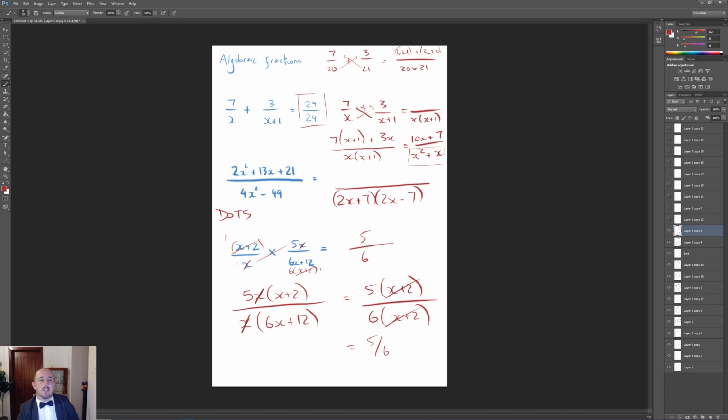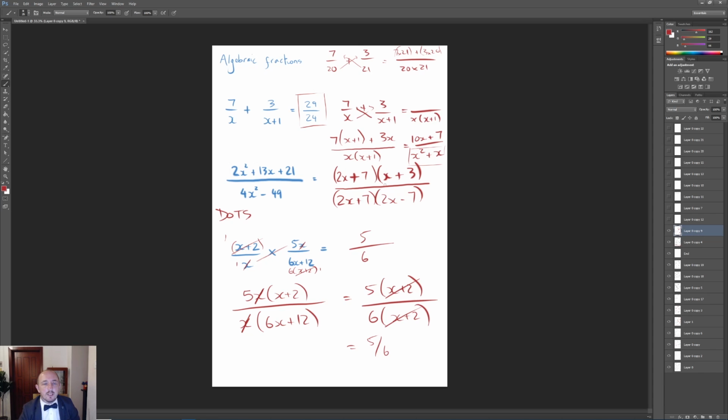On the numerator, we've got 2x squared plus 13x plus 21. Well, it's very likely that one of these brackets is going to be 2x and 7. We're not sure if it's going to be plus or minus, so we'll just leave that for now. To make 2x squared, I need to multiply it by x, and to get 21, I need to multiply it by 3, and it's plus and plus, so it's just going to be plus and plus like that. Double check that one if you need to.